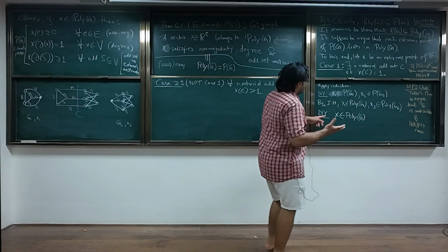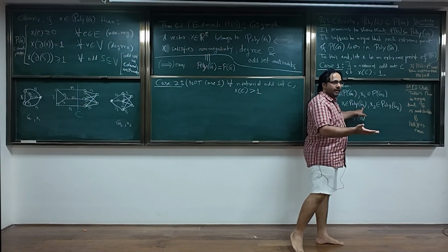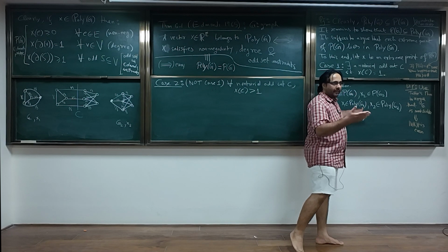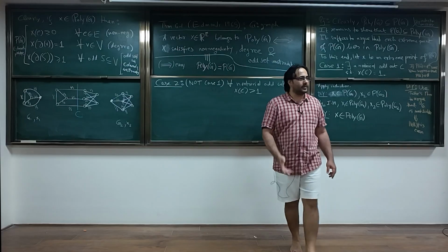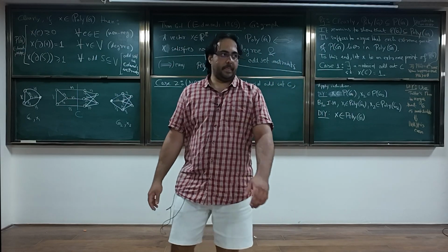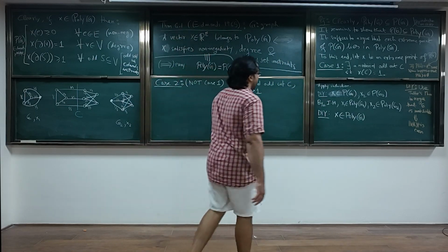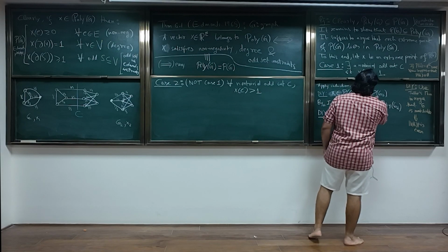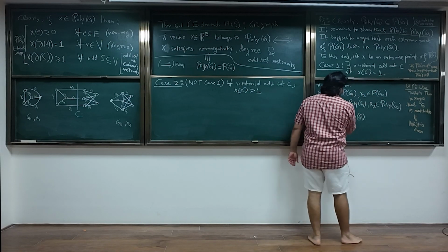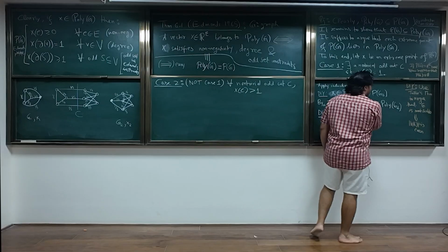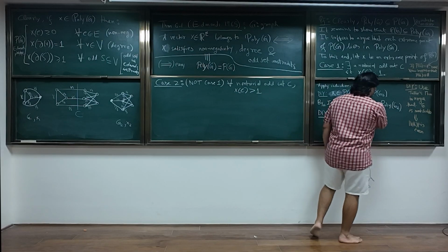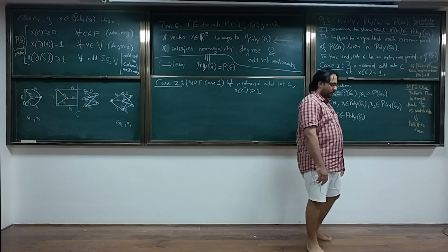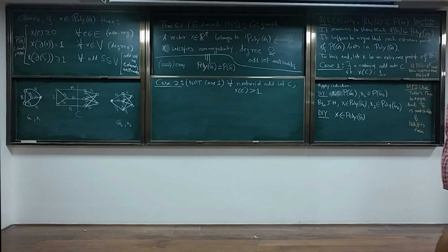So every odd cut in G1 is an odd cut in G. There the sum was greater than or equal to 1. So the sum is also greater than or equal to 1 here because it's just a restriction. Right? So therefore, we are done with this and this. Therefore, by the induction hypothesis, x1 is in the perfect matching polytope of G1, x2 is in the perfect matching polytope of G2. Okay. Now we need to show that x is in the perfect matching polytope of G.